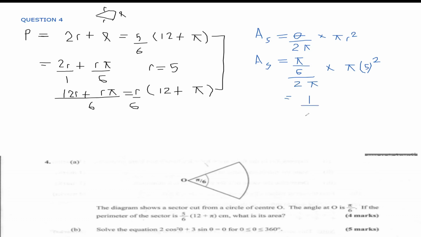So this works out to be 1 over 12 multiplied by 25 pi.